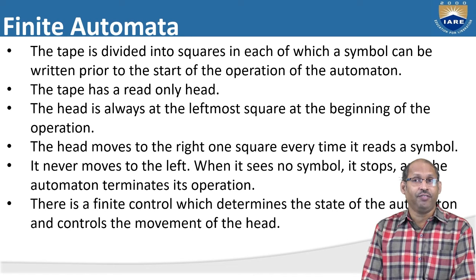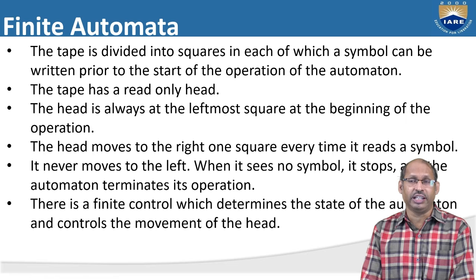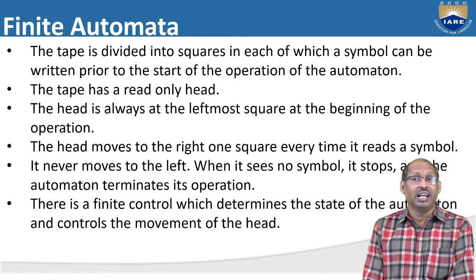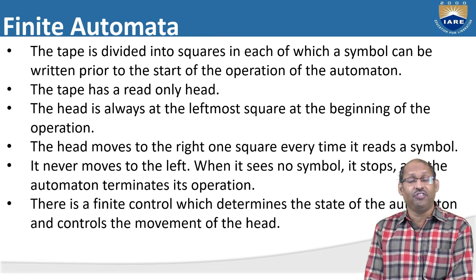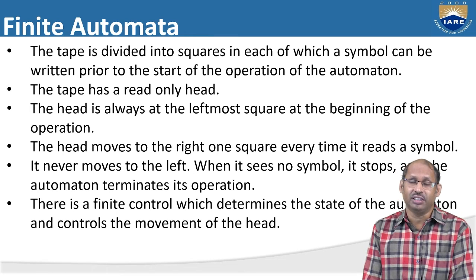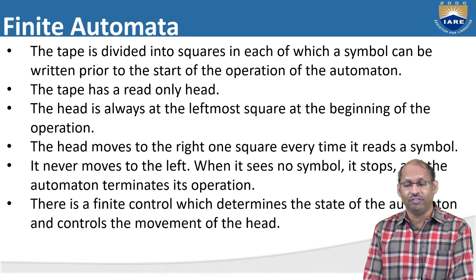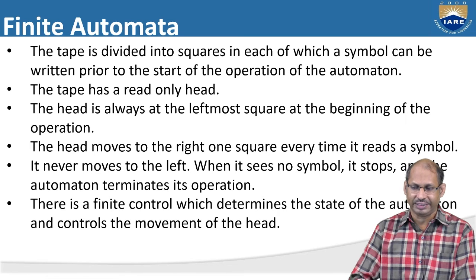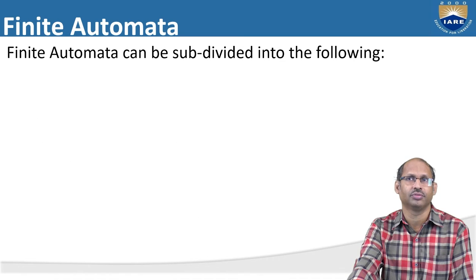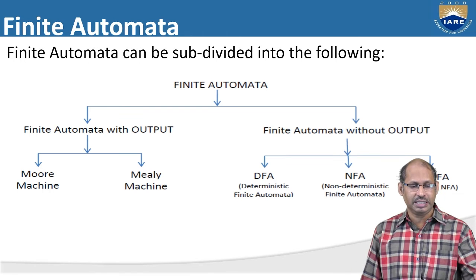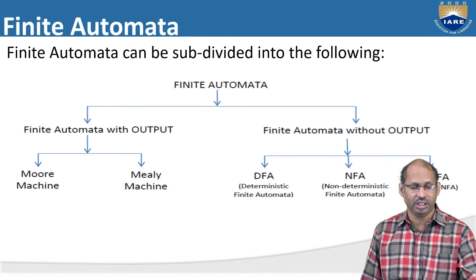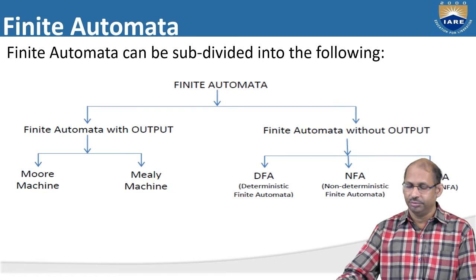If the input symbols are followed by an empty symbol, it signals the end of the input. Then the finite automaton stops its operation. If it has reached the final state, the input is accepted, and if it has not reached the final state, then it is not accepted. So this is the complete picture of the finite automaton.